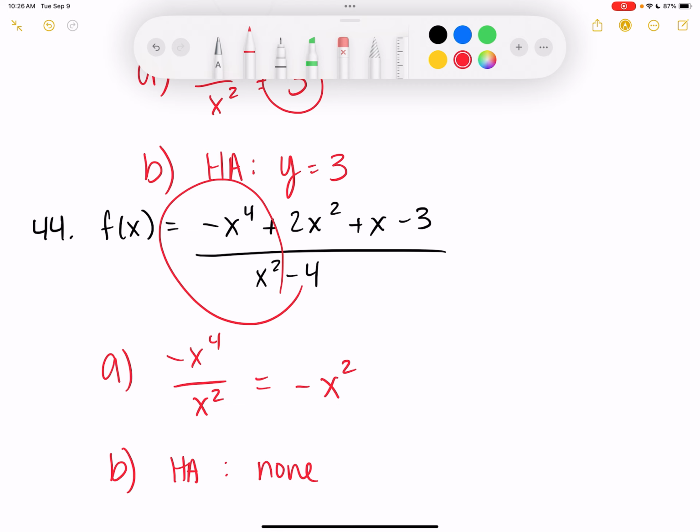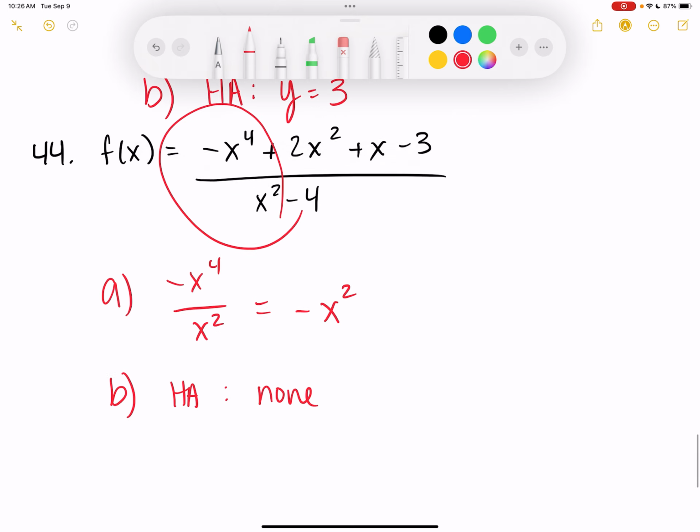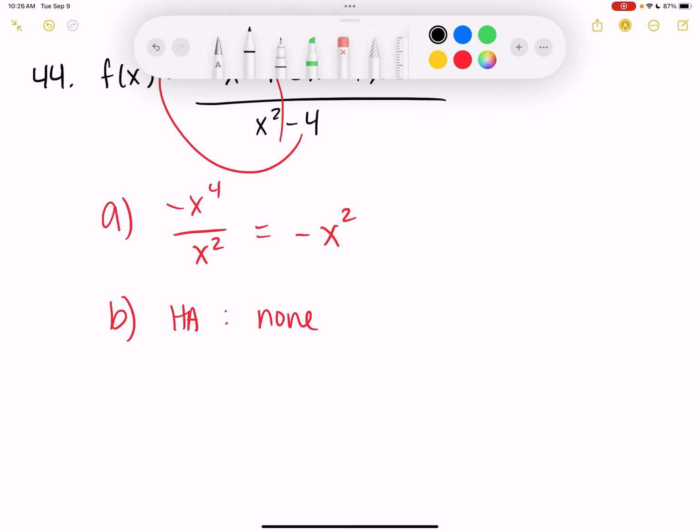All right, the next couple of problems say to find a simple basic function as a right end behavior model and a simple basic function as a left end behavior model for the function. These ones are kind of weird. You kind of have to put them in your calculator and look at the graph. But 46, y equals x squared plus e to the negative x. So I'm going to put that equation into y equals.